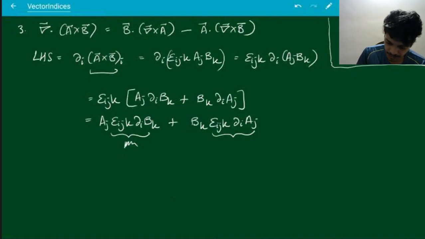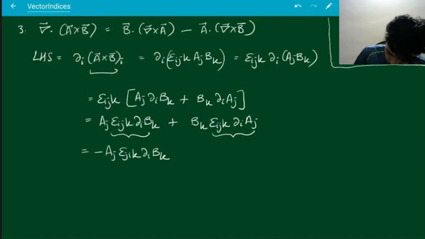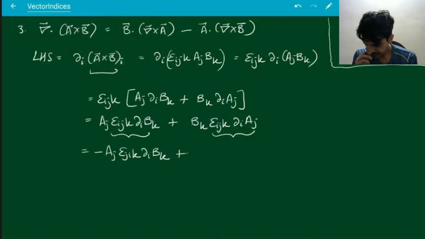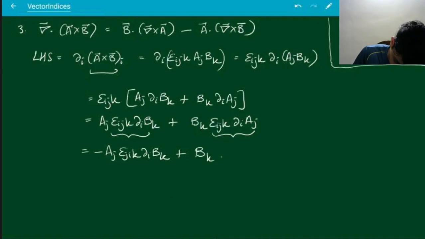So let's interchange the j and i, and that will pick up a negative sign. Similarly over here, there is i and j at the end. So if I cyclically rotate the ij case, then I will bring the k in front.